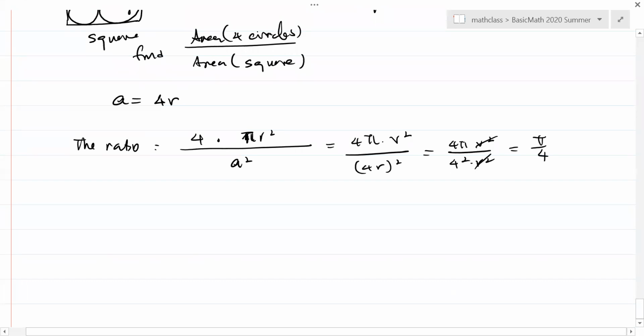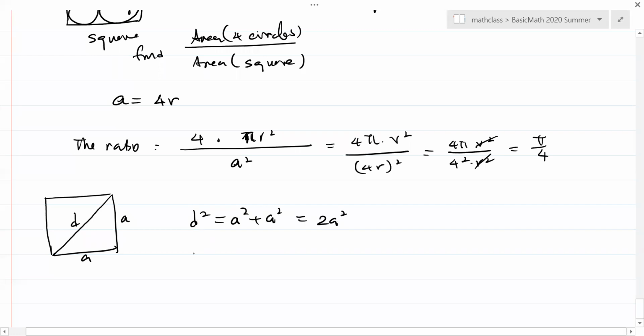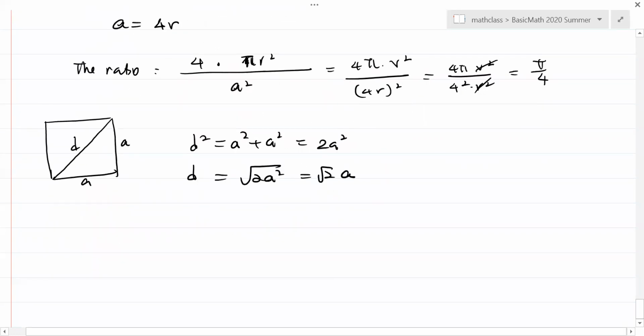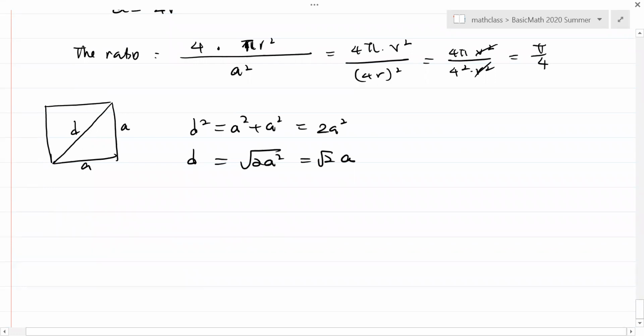Remember, for the square we studied before, the diagonal is d and the side is a. We use the Pythagorean theorem: d squared equals a squared plus a squared, which is 2a squared. So d is the square root of 2 times a. So that's the relationship. Now, once you know this relationship, we can do the following problem.